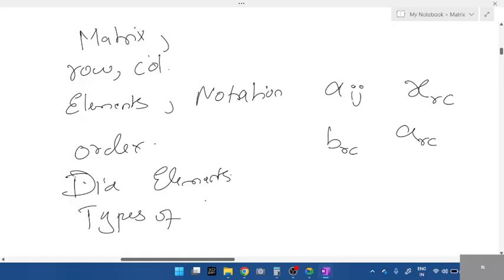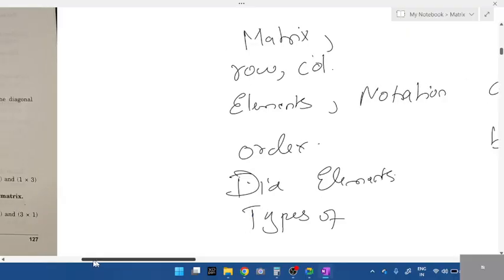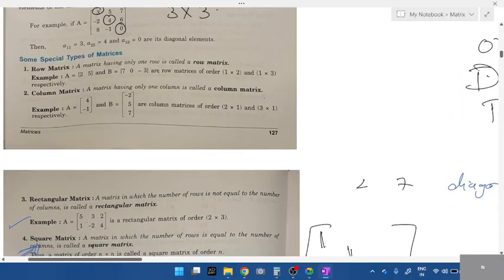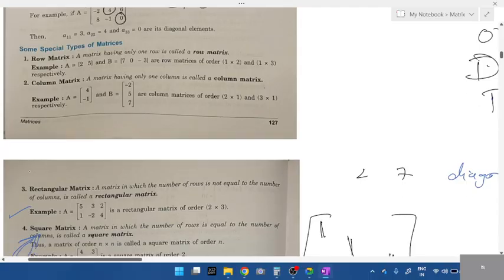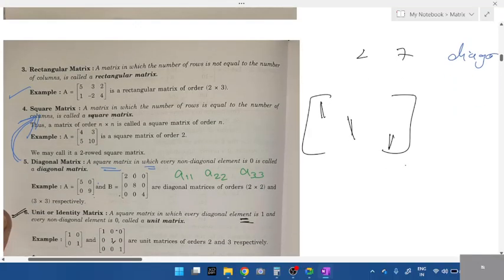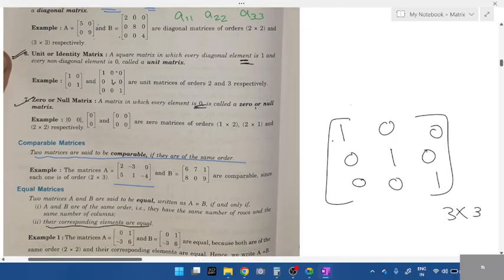Total there are 7, students. I think we have covered everything. Types of matrix are row, column, rectangle, square. Then comes diagonal, unit matrix, zero matrix. Zero or null. Null is basically empty, but here it is not empty. We don't call it empty, we write zeros.